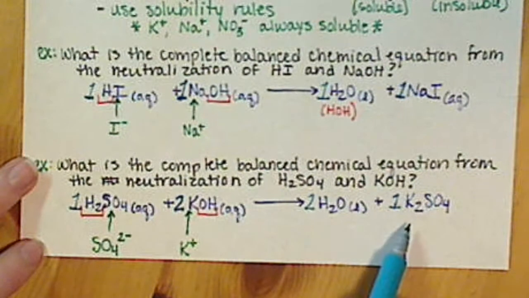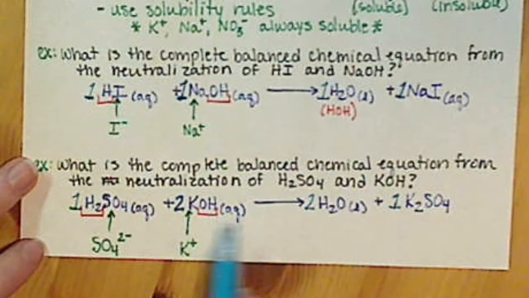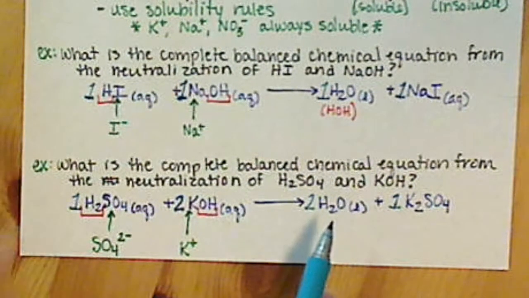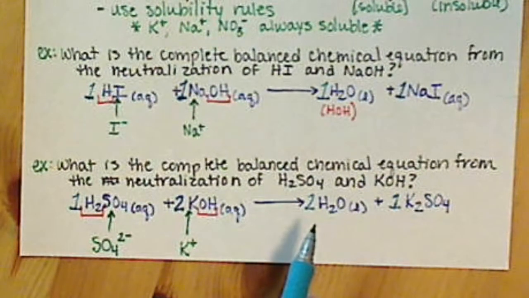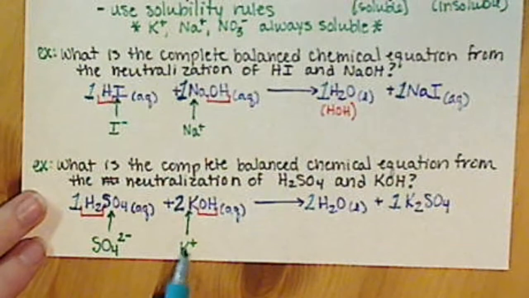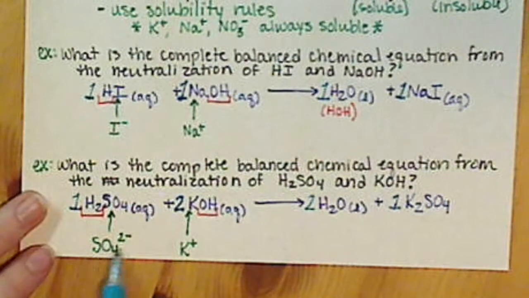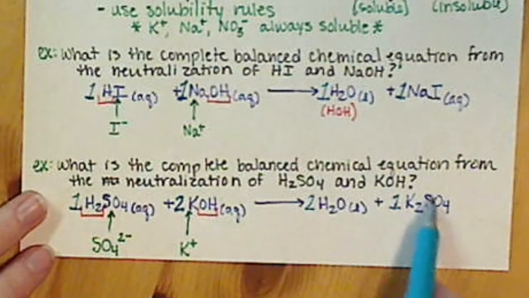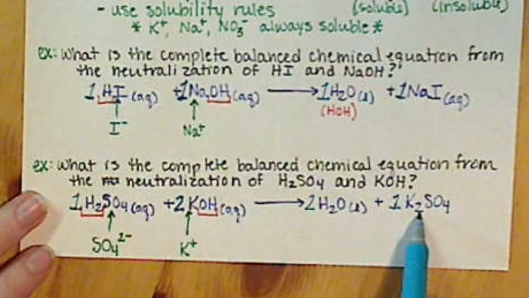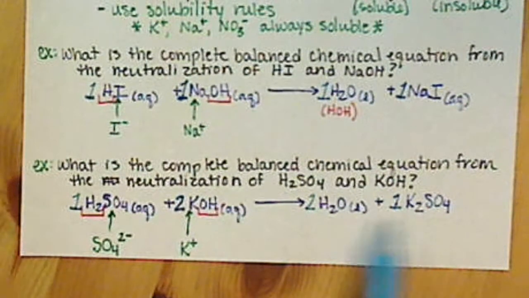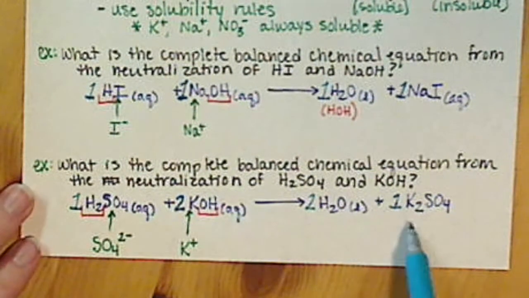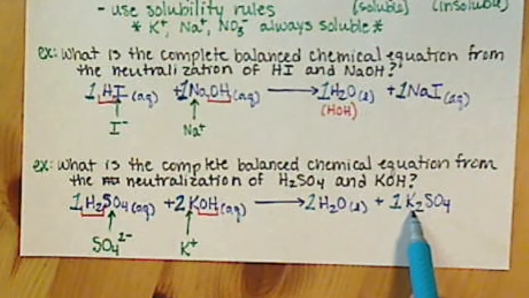If we are changing the chemical compound, which is what we're doing in a chemical equation, we can and have to change the subscripts. That was why we took our potassium ion here. We needed 2 of them to balance out our sulfate ion. So when we wrote our formula here, we have a subscript of 2. We can change that subscript because we are chemically changing that compound.